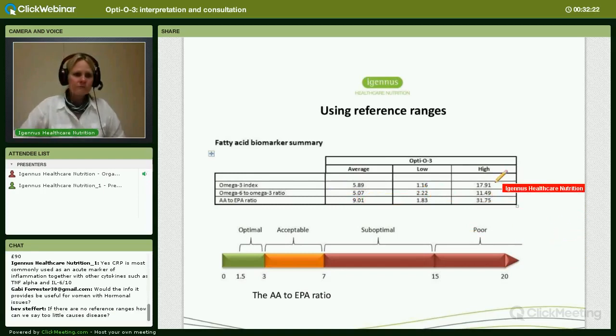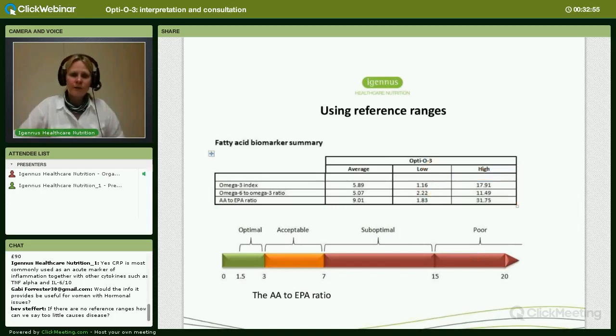On their own, they don't tell us a huge amount, but if we put them into our biomarkers, we can start to look at where we should be fitting. We can see that the average AA to EPA ratio here is 9, which is in the suboptimal range, which is not really very surprising given that the majority of people that are coming to us for fatty acid analysis are relatively inflamed or have conditions with high degrees of inflammation.